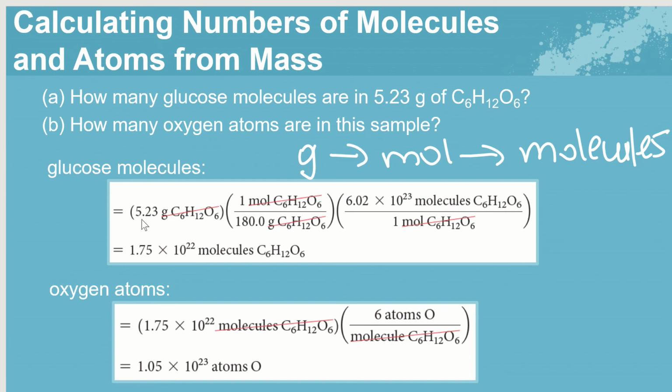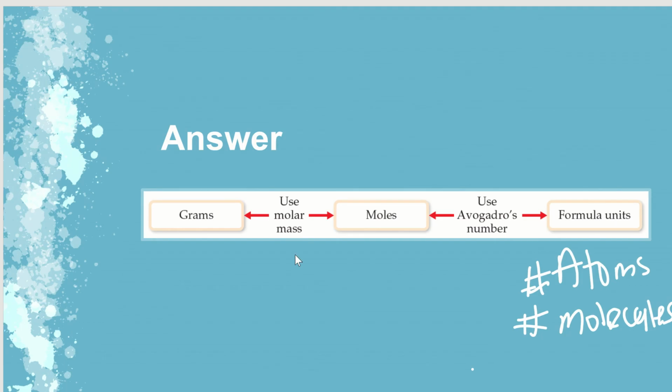So we'd go ahead and plug in these values. This is our molar mass. Remember, we need molar mass to interconvert between moles and grams. We need Avogadro's number to interconvert between moles and either atoms or molecules.